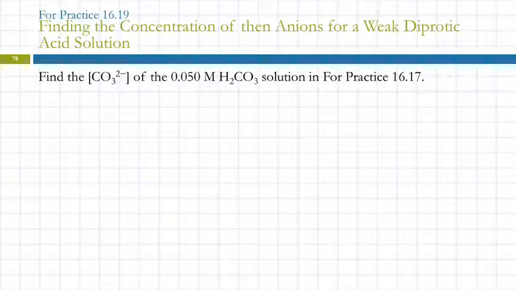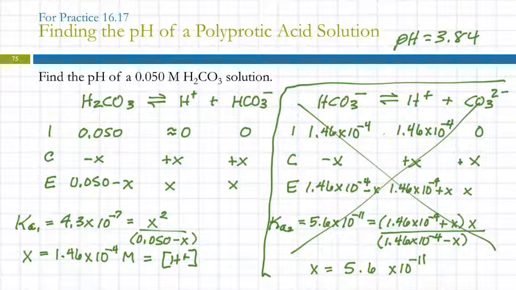So of course, we're going to go there. But look, this is find the carbonate concentration of the 0.05 molar carbonic acid solution in, for practice, 16.17. That's the one we did, where we did the extra stuff. So instead of doing this all over again, I'm just going back. Well, I thought maybe I could erase the scribbled out part, but I can't. That's fine.